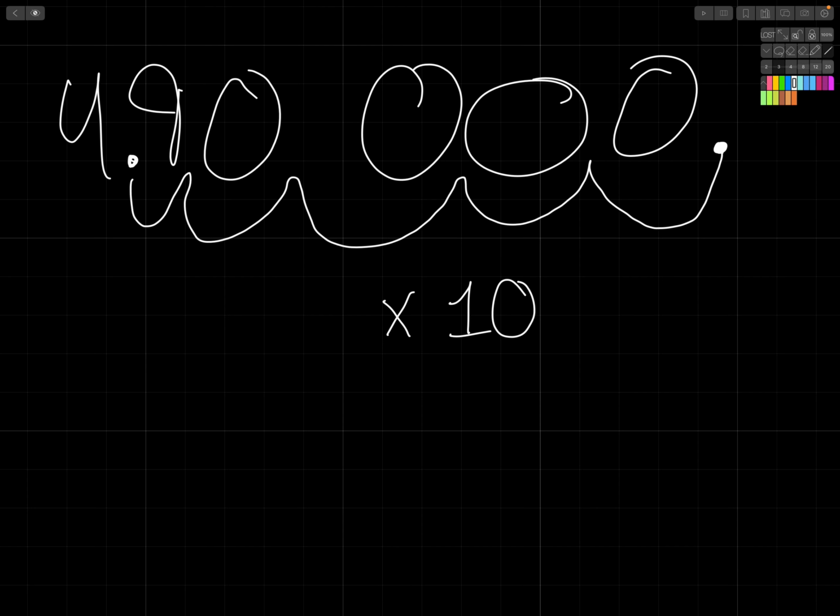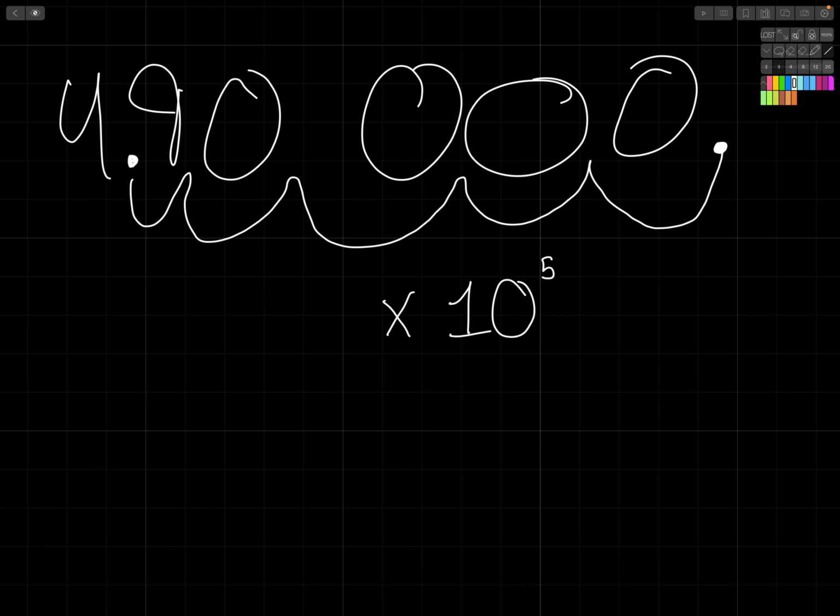Boom. You have that decimal place, and you see that there's only one number before the decimal place, and that's 4 here. So we moved a total of 1, 2, 3, 4, 5 times, which means the exponent will be 5.